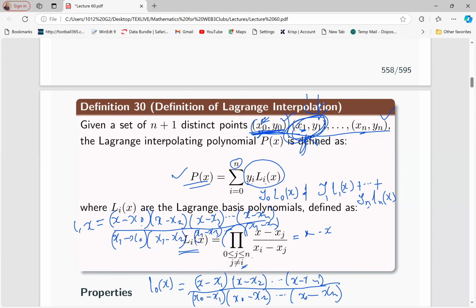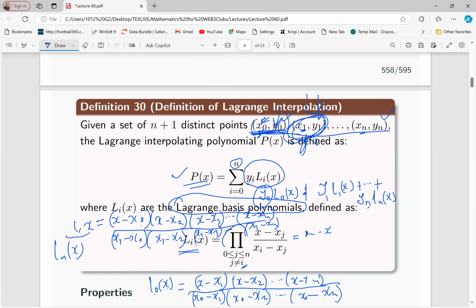And we call them the Lagrange basis polynomials. Now, after you've calculated all of them up to Ln x, depending on the number of points you have, you now come and multiply L naught x by y naught, which is the y coordinate of the first point.